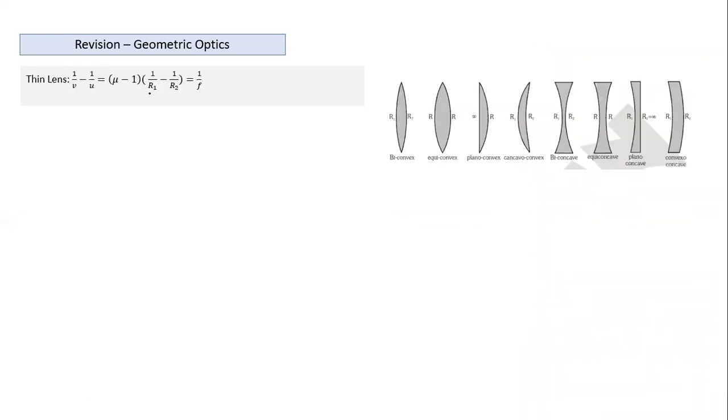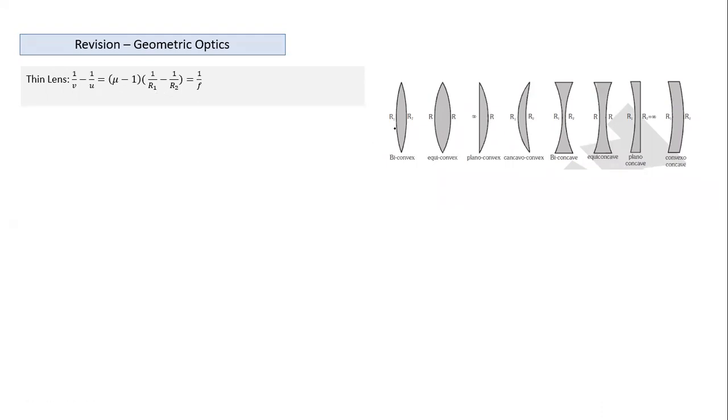Let's understand how to find the effective focal length of the lens depending on different shapes. Lens can have various shapes: biconvex, equiconvex, where both radii are equal, and so on. What is important to understand first is the sign convention.